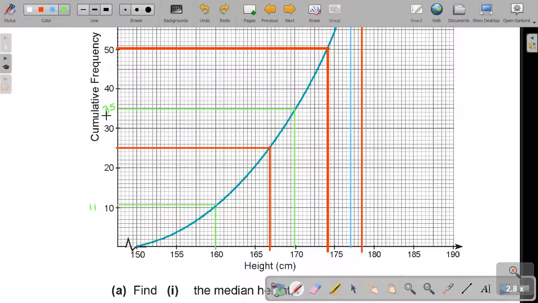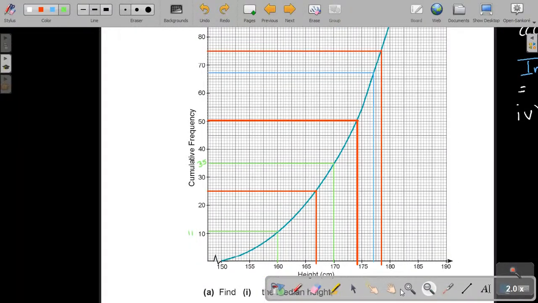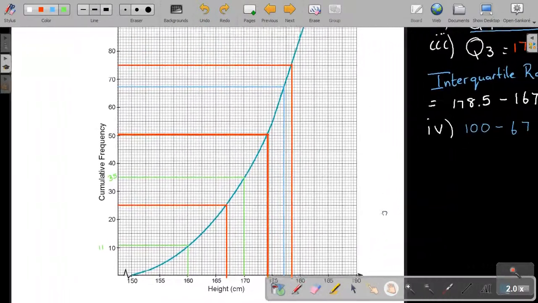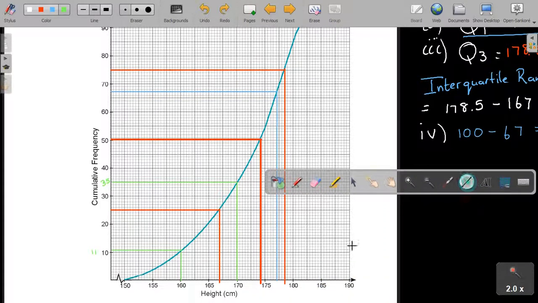And then it's going to be 180. Okay, now I have to make it smaller. So at 180, it looks like it's going to be 85.